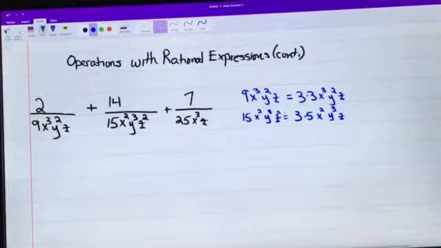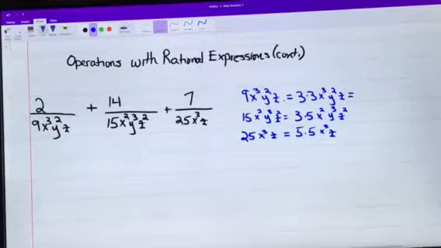And for 25x cubed z, we have 5 times 5 times x to the third times z.